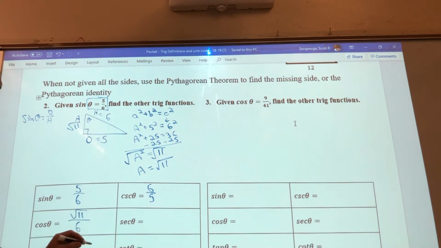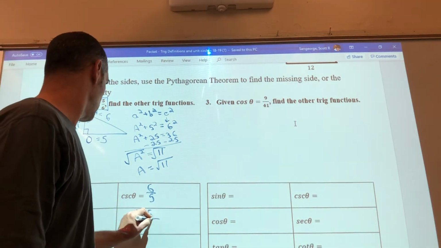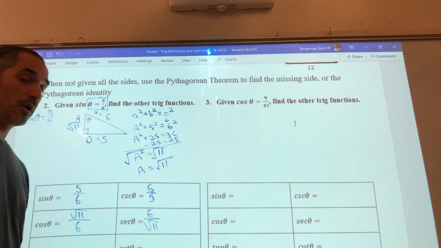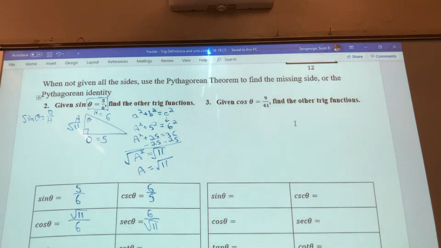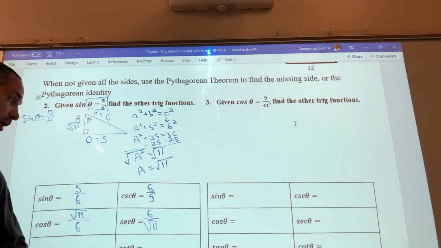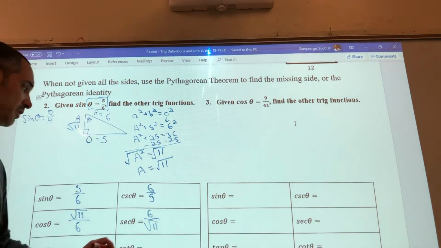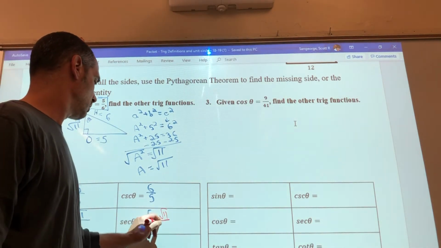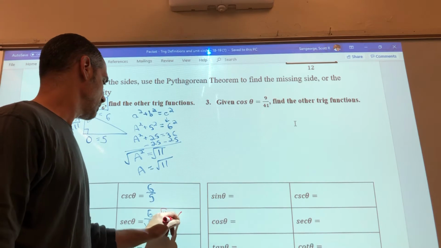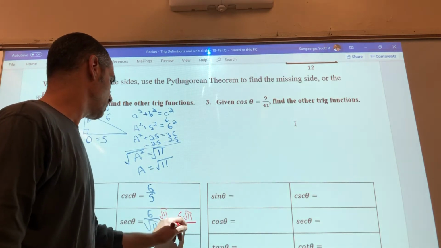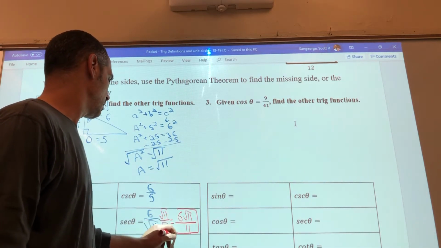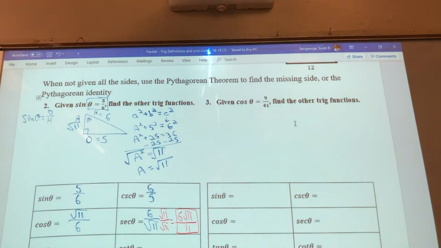And the reciprocal is going to be 6 over the square root of 11. Can't leave it like that. We need to rationalize the denominator, so multiply top and bottom by the square root of 11. So we get 6 square root of 11 over 11. And that would be secant.